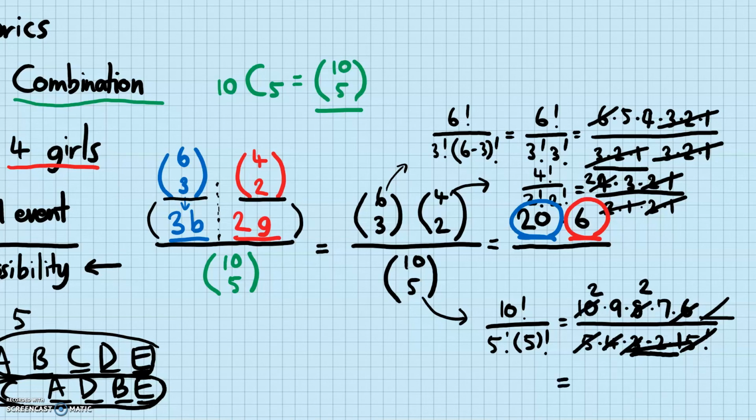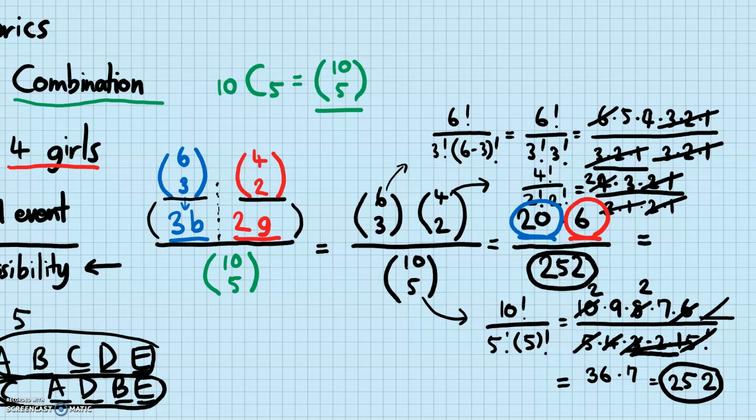Okay, so we get 2 times 9 times 2 times 7. That would be 36 times 7, which is going to equal 252. So 252 is the total number of ways of choosing 5 students from a group of 10 students.